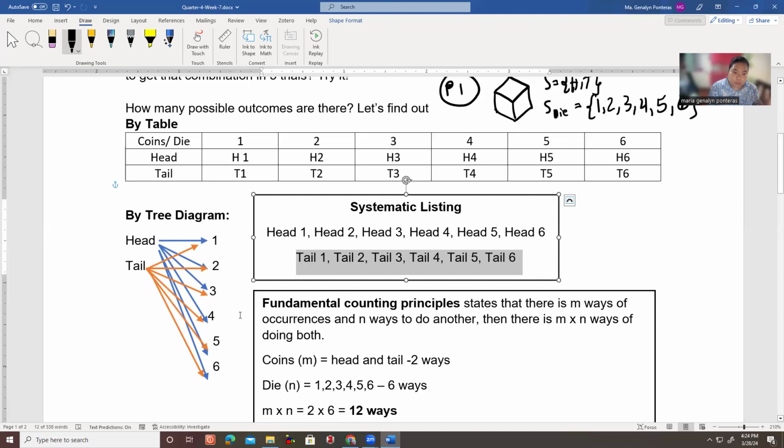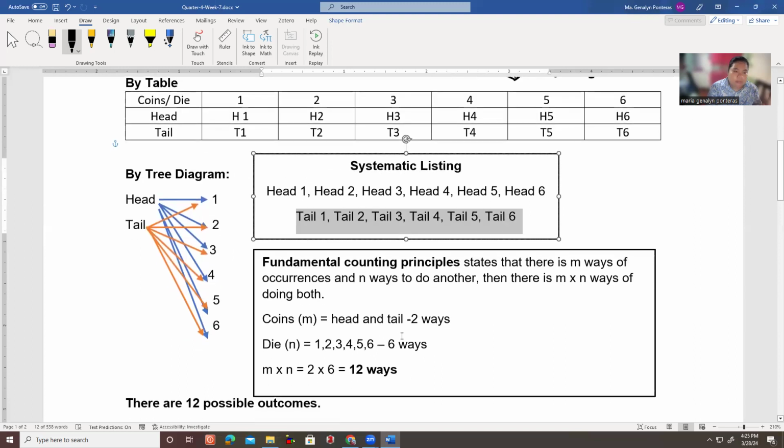So the total is 12. That is by tree diagram. You're going to draw a branch-like arrow for the sample space. That's why it's called a tree diagram, because it has tree-like branches of arrows.